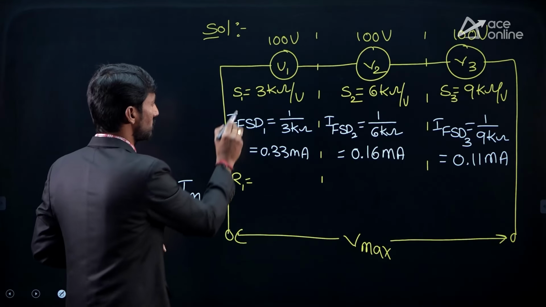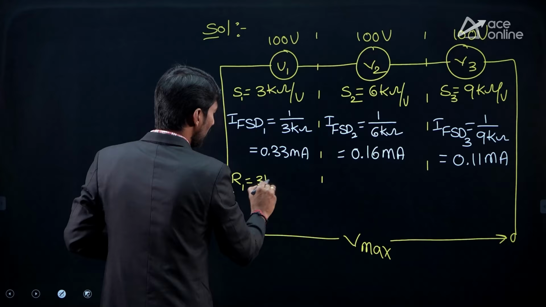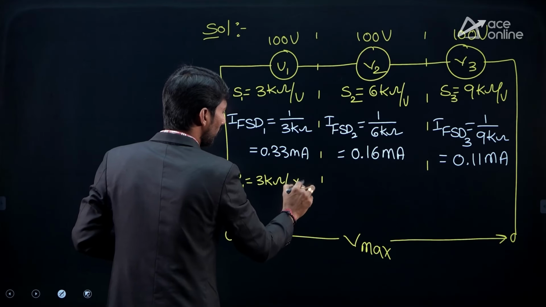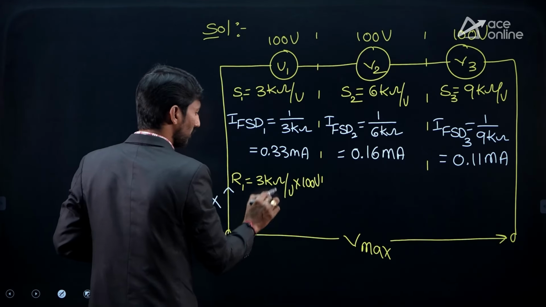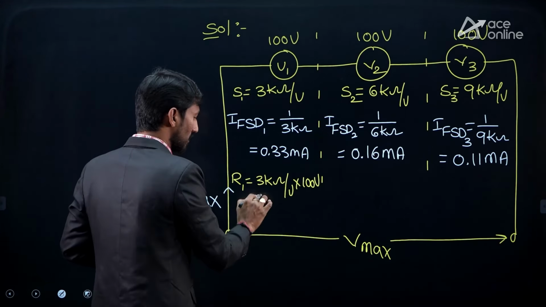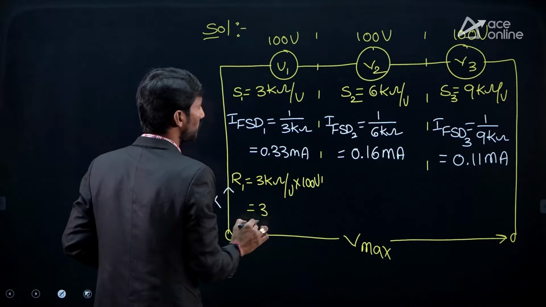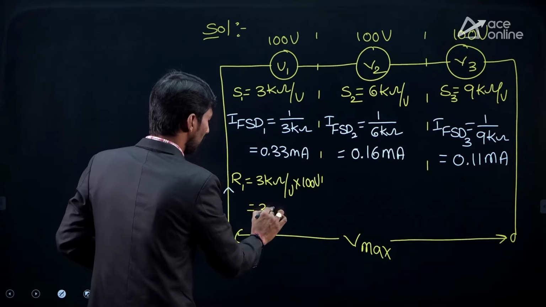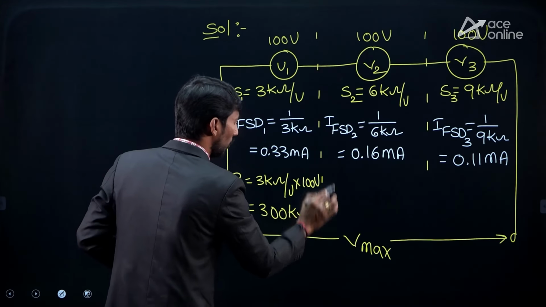What is the resistance of this? Simple. R1 is 3 kilo ohm per volt into 100 volt. Volt will be cancelled. So therefore, what is the value? 300 kilo ohm.